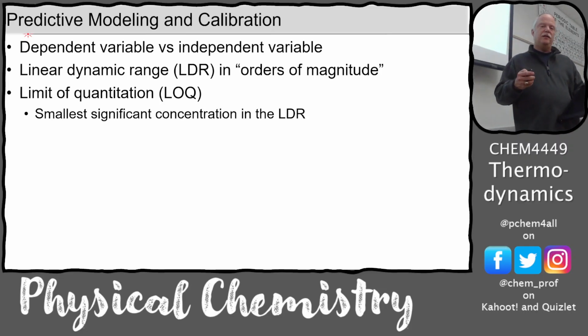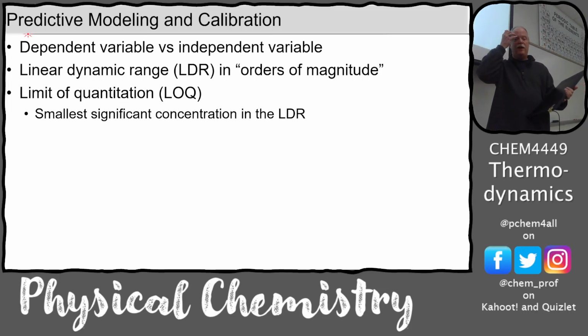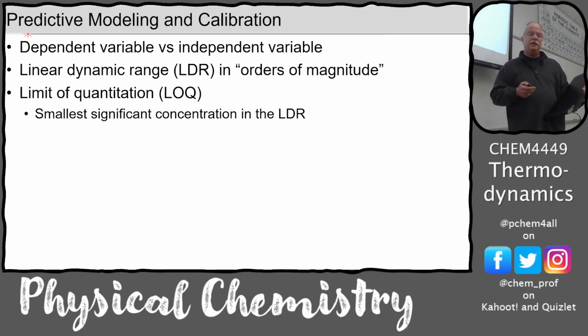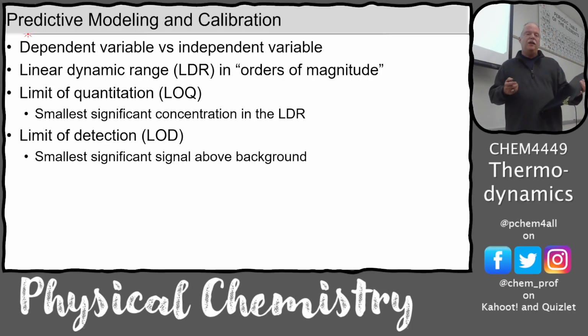So there's part of these terms too that I've already used, like I used the blank value. There's the limit of quantitation, and that's the smallest significant concentration in your linear dynamic range that still has acceptable statistics or acceptable uncertainty. You have the limit of detection.